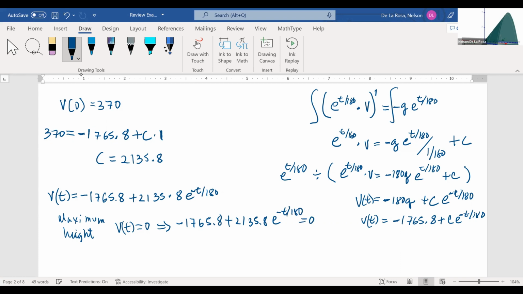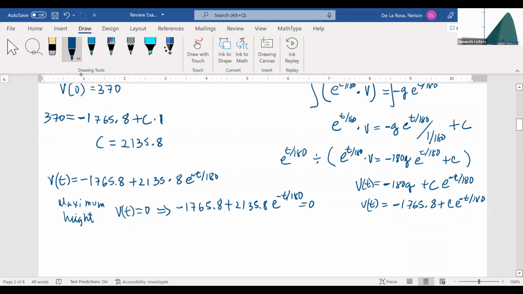So here we are solving for t. So we have an exponential equation that once we subtract by 1765.8, we have 2135.8 times the exponential.